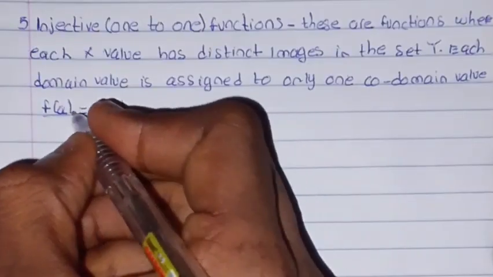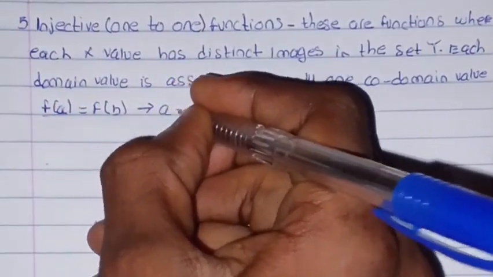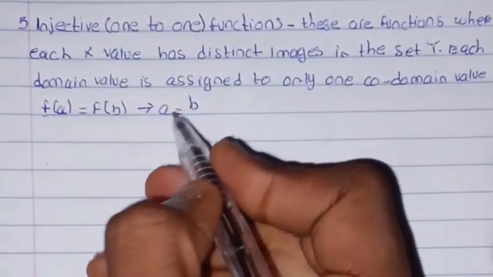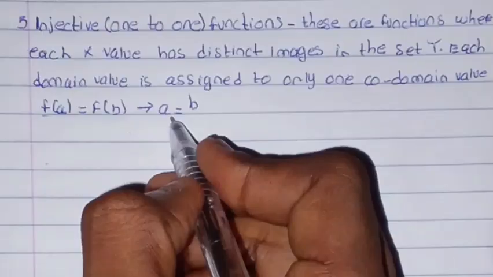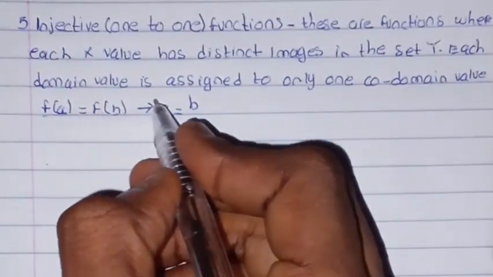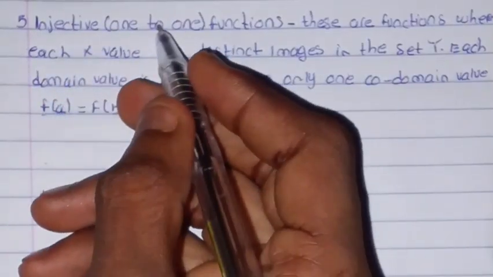For the y values of the function to be equal, it means that a should be equal to b. So for two function values to be equal, their domain values must be equal. So there is a uniquely assigned codomain value to each domain value. This is referred to as an injective function.